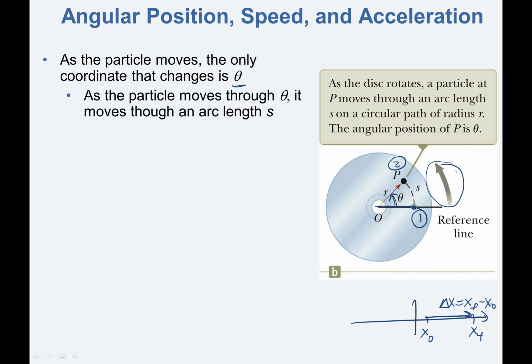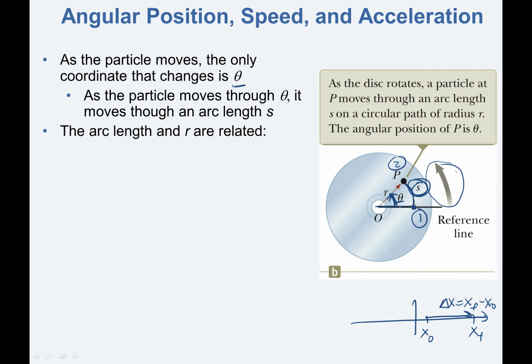All right, so technically there's another way I can represent the displacement. I can also represent it with arc length S. That means there is this linear displacement, which is my arc length here, but there's also angular displacement, which is in terms of theta.